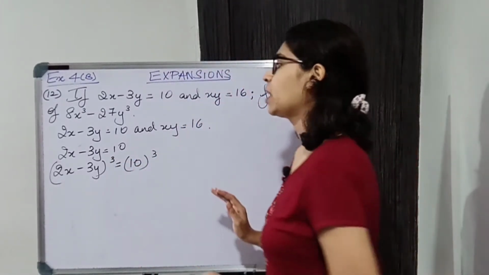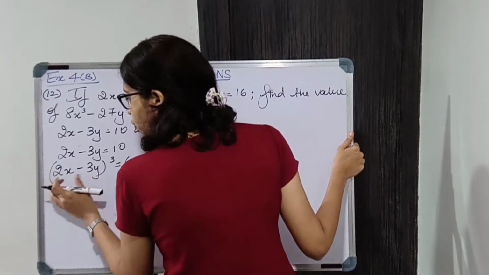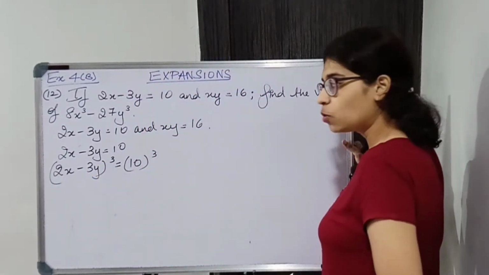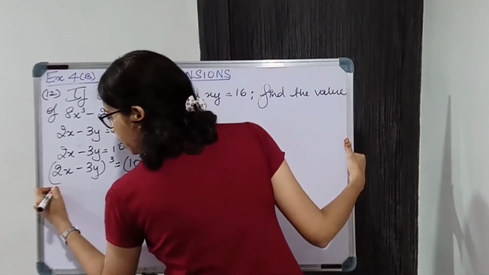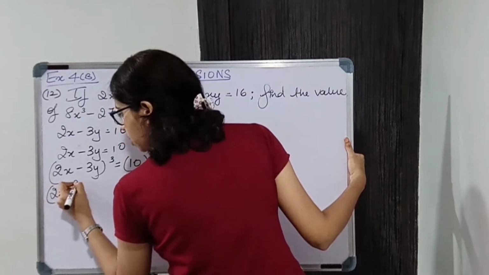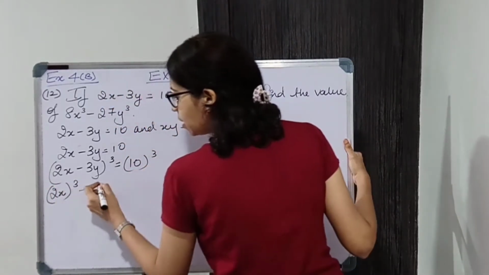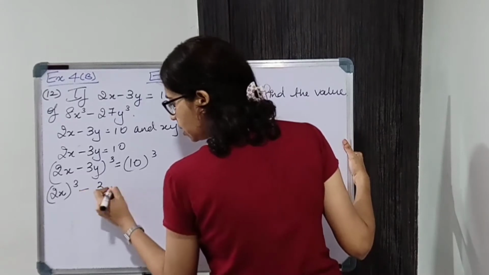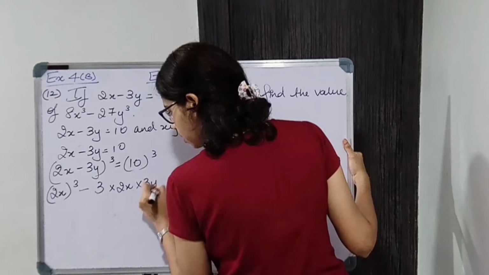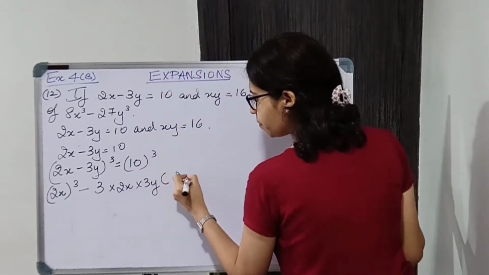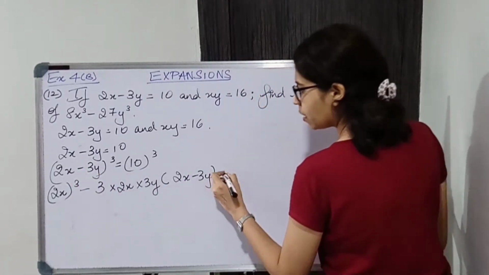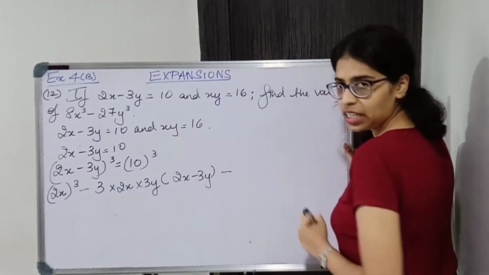Now this is of the form (a minus b) the whole cube. I know the identity, so I'll apply that over here. Now this is a cube, so a cube minus 3ab, 3 into a into b, bracket a minus b, minus b cube.